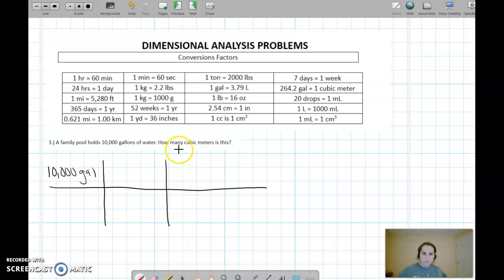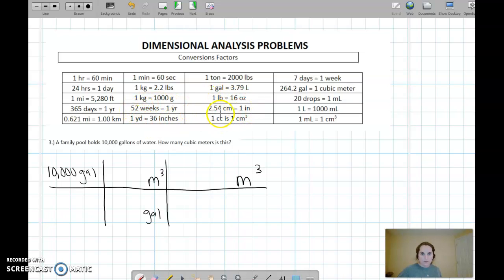And we need to convert it into cubic meters or meters cubed. So that is our ending amount. So I know that I need gallons at the bottom here, and I need meters cubed up here. So 1 gallon, we're looking for gallons.